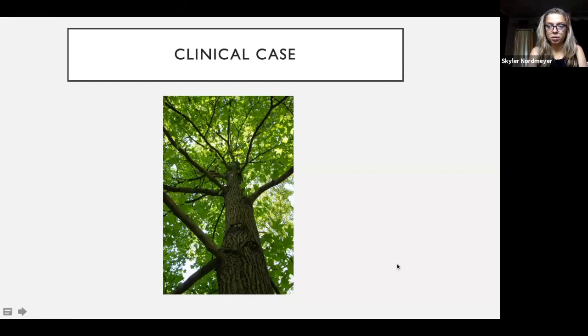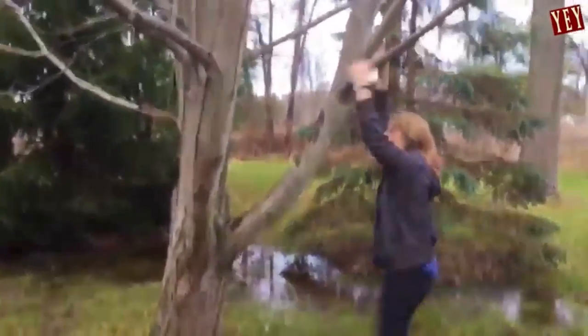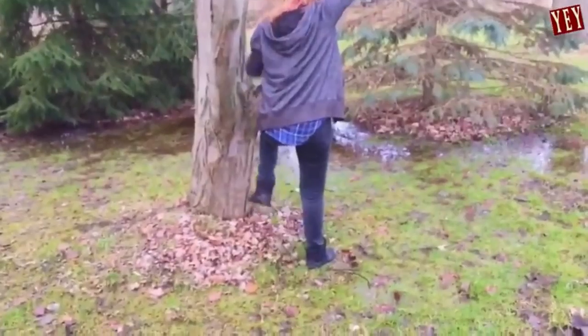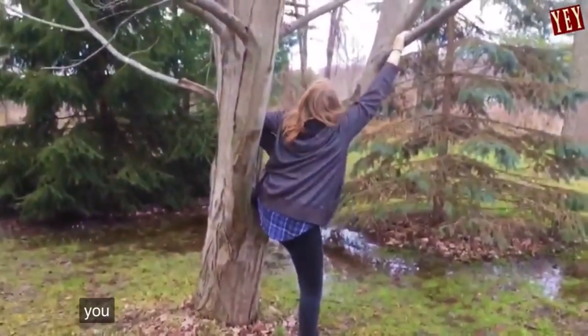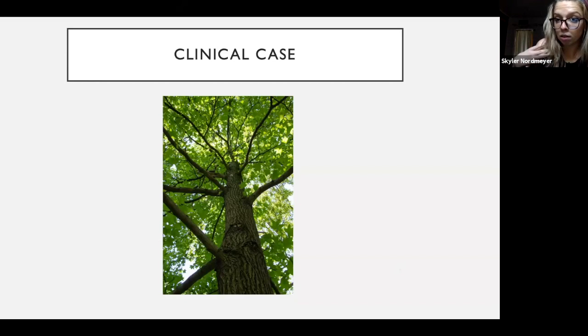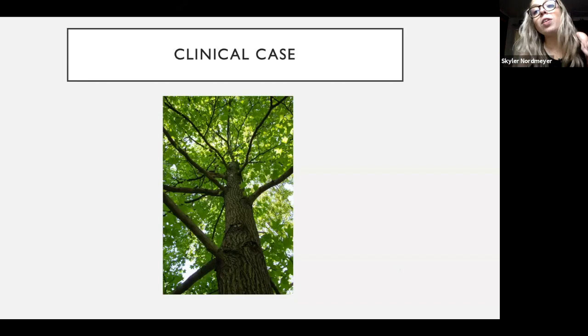Let's say, for example, you are climbing a tree like this. But you see a bug that looks like this. So you fall down from the tree like that.